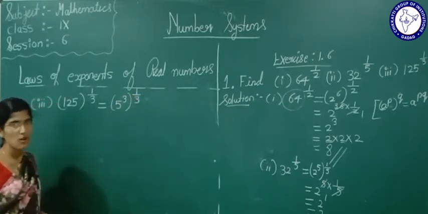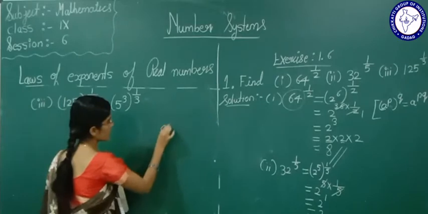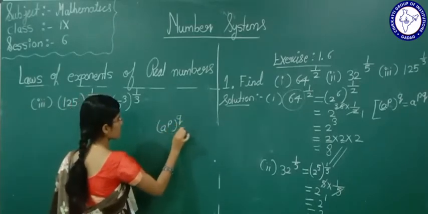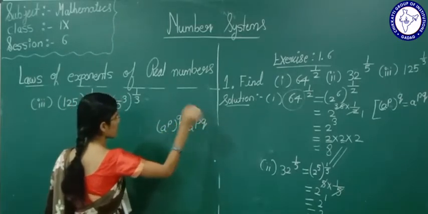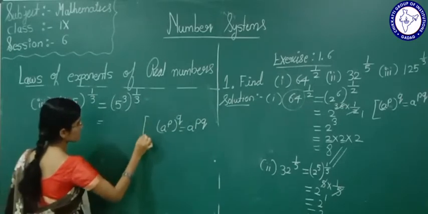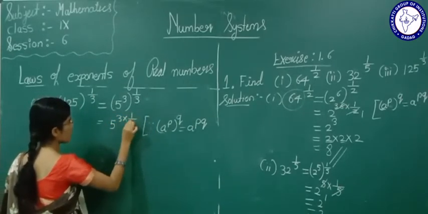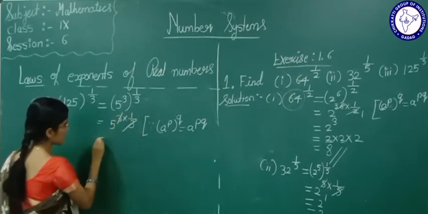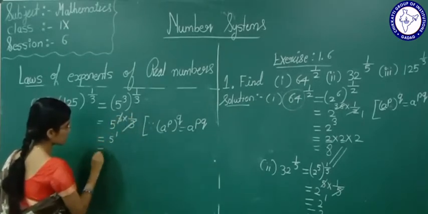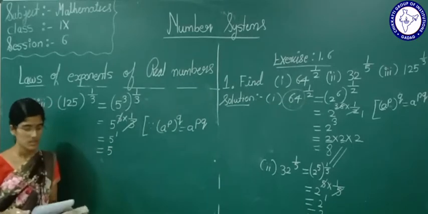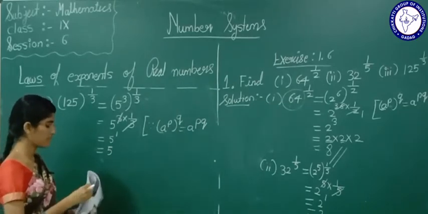Again the same law we are going to use: (a raised to p) raised to q is a raised to pq. So 5 raised to 3 into 1 by 3, the 3 will get cancelled. 5 raised to 1 is 5. So this is about the first exercise.